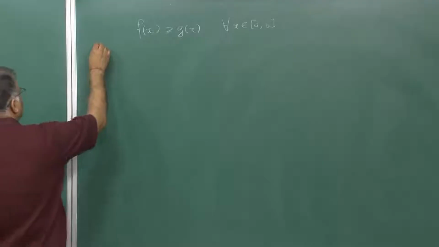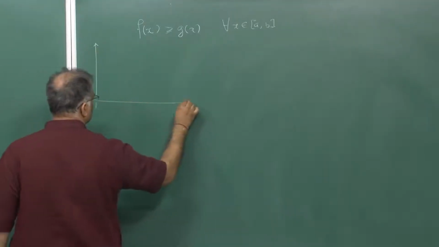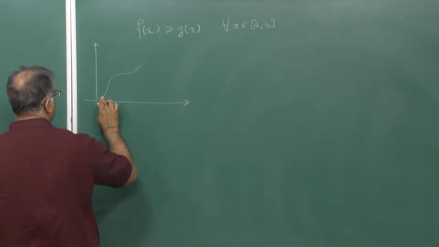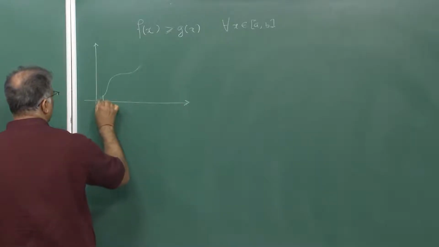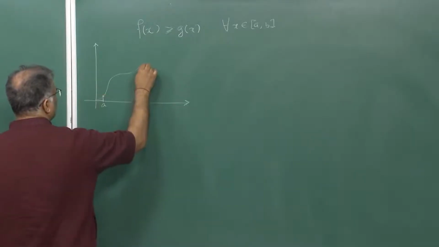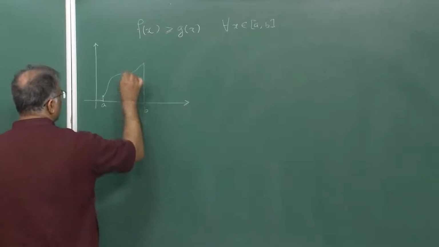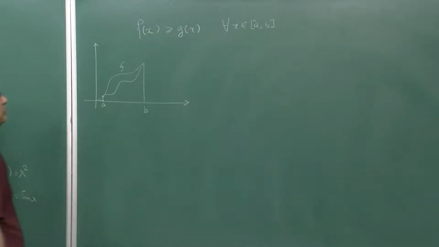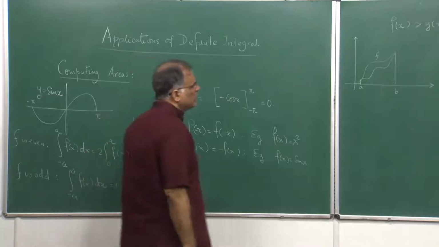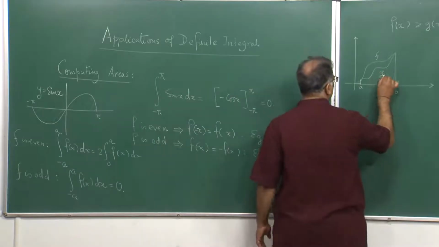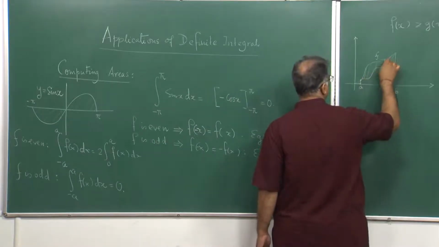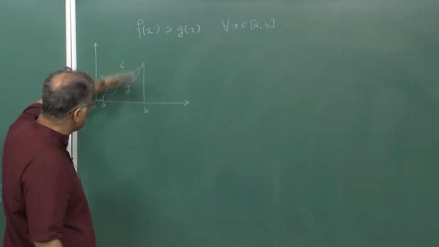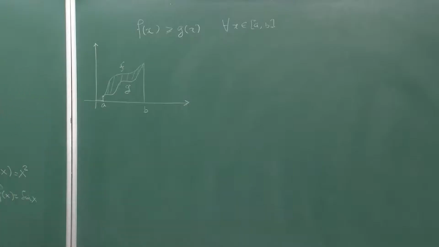It is a situation like this. Maybe this is my A and this is B. This is F and this is G. I am essentially trying to know the area between them. Of course, you understand I compute the area under the whole of F and under G and then subtract the two areas, and that is what I will get.